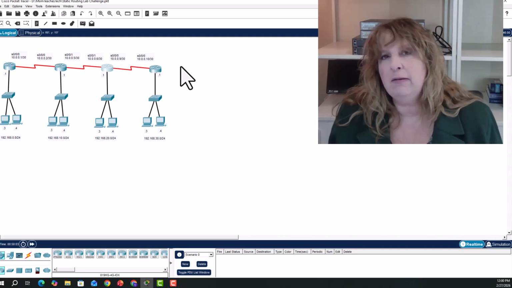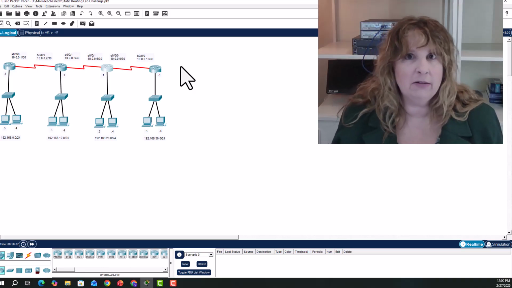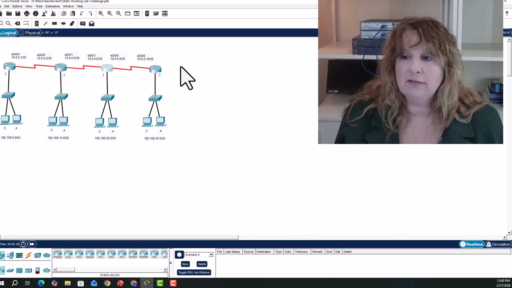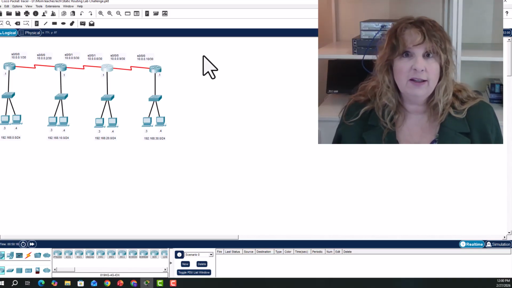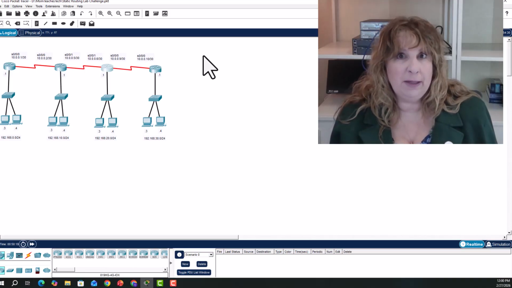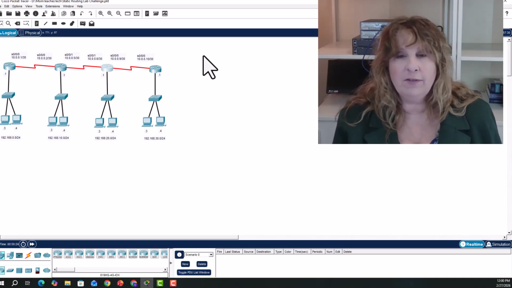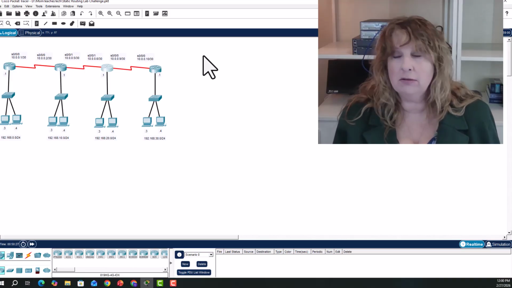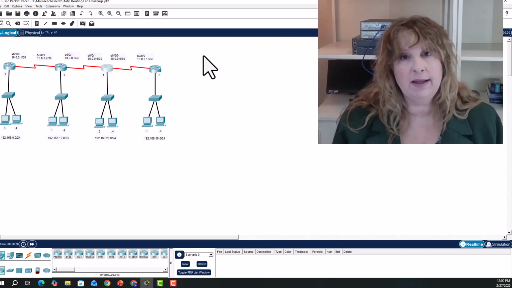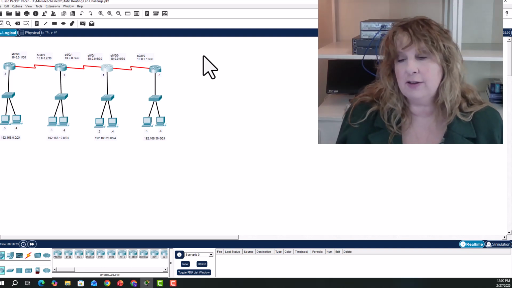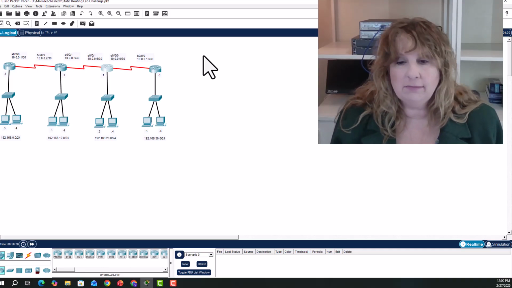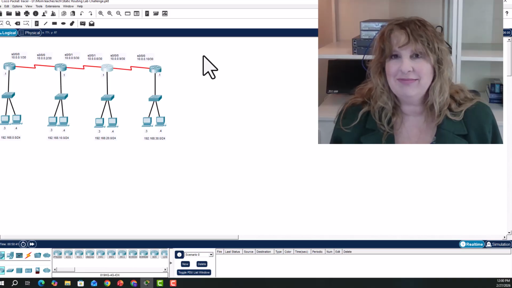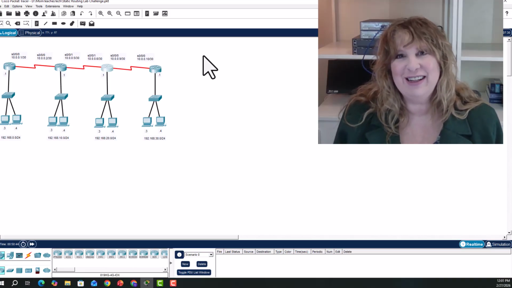So every router would have a default route that pointed to the right, which would be our internet connection over here, because you would assume that when a PC or another device is trying to reach a network that none of the routers have configured in their routing table, then that would be something that's out on the internet. So that's the direction. So you do use static default routes when you're not on a stub network, but it's definitely easy to get around typing in all of those static routing commands.